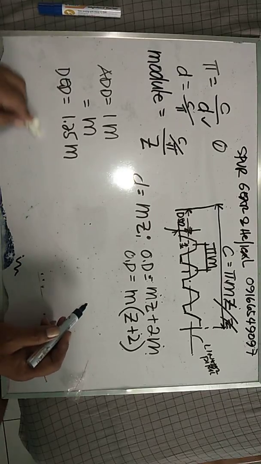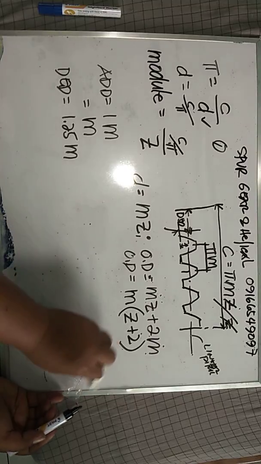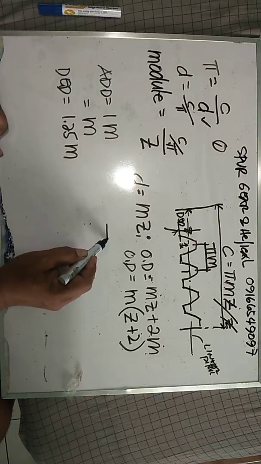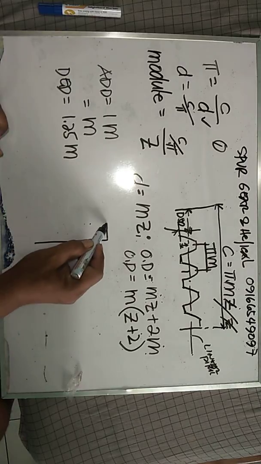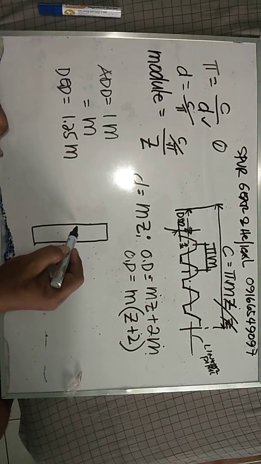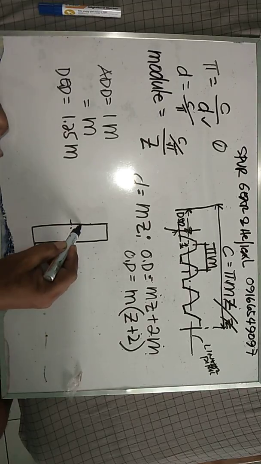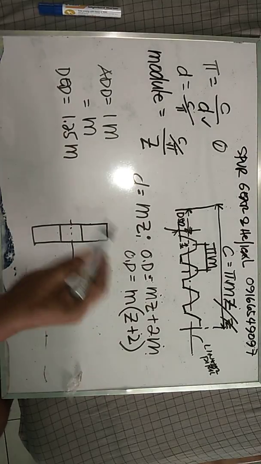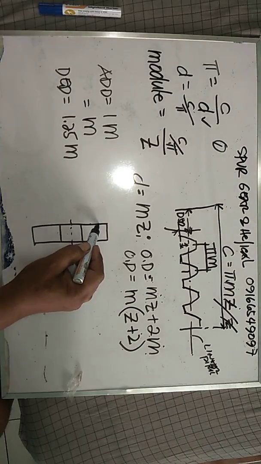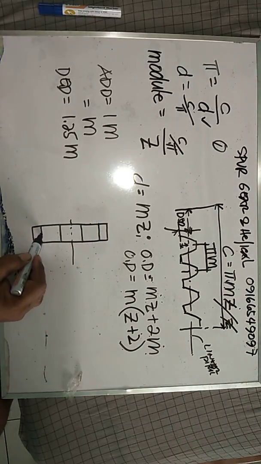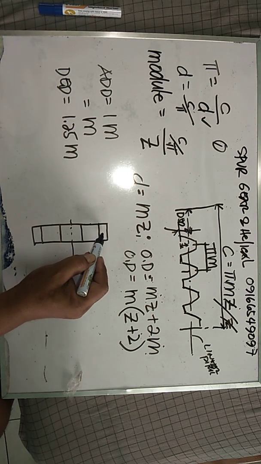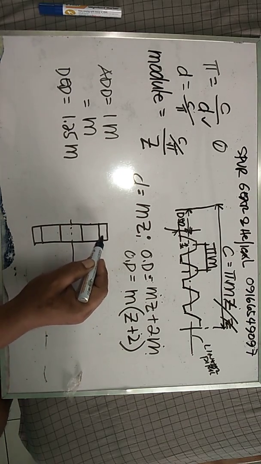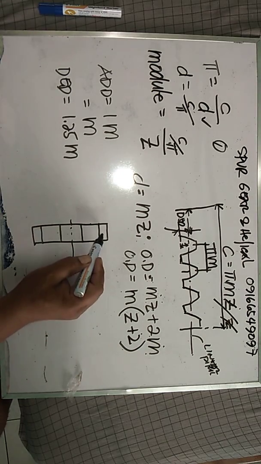Then we have to make a shop drawing or fabrication drawing of a spur gear. It looks like this in the machine shop. This is the cross section, this is the center, this is the hole inside the diameter of the gear blank. We do not draw it round like this one. You have to cross or cut it in half.